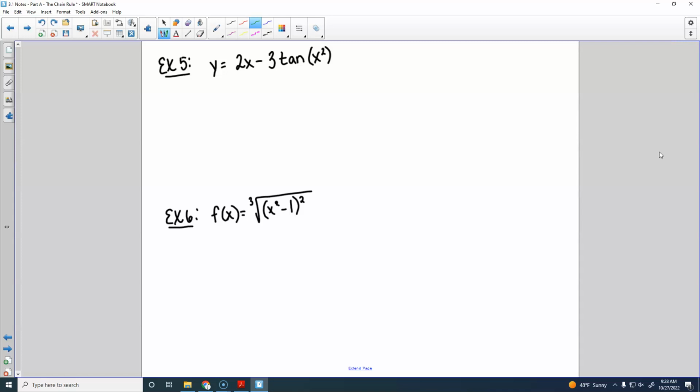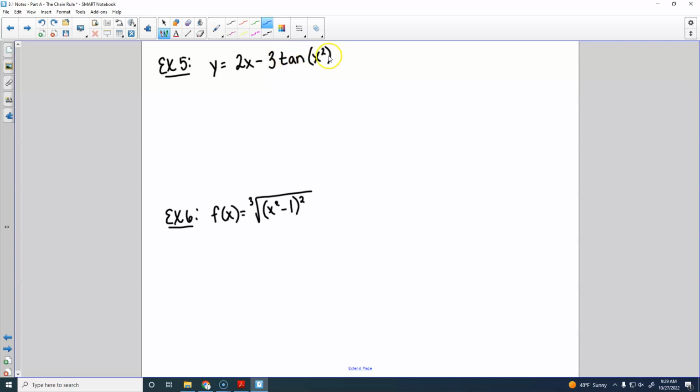All right. So, for example 5, we have y equals 2x minus 3 tangent x squared. So, for our 2x, do we need anything special for that? We just take the derivative of it like normal, right?